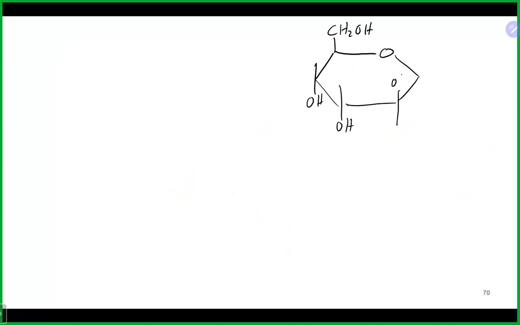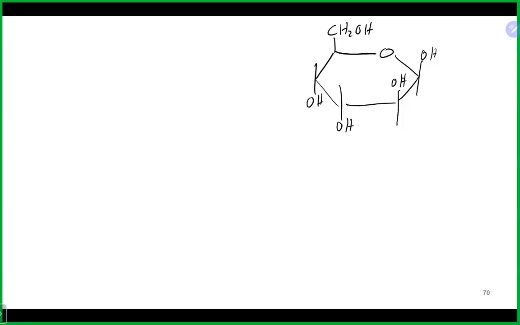All right. So there was a question about what happens if you were given a ring and it opens up. If you wanted to go in the other direction, I'll draw a made-up one here. Let's say we wanted to open the ring and put it back into the straight-chain form. The first thing you want to do is count up the carbons.